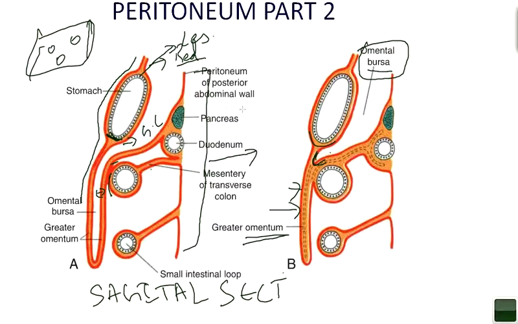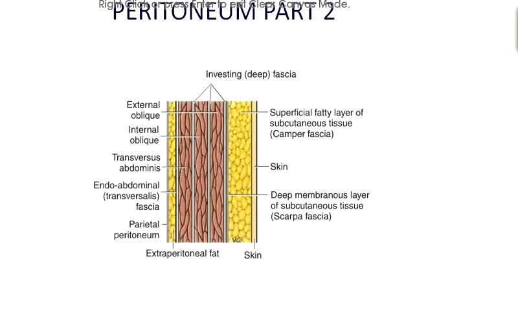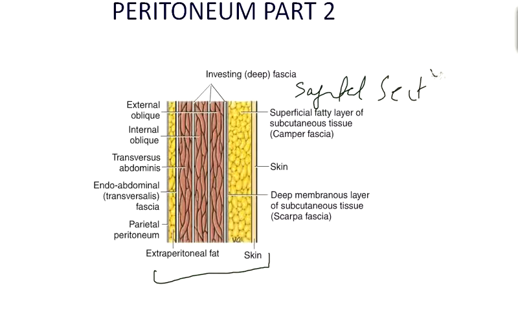Now we will see the final images that we see after development in an adult. Just to revise the concepts of the layers that I discussed in the first video, we are seeing the sagittal section of the abdomen.